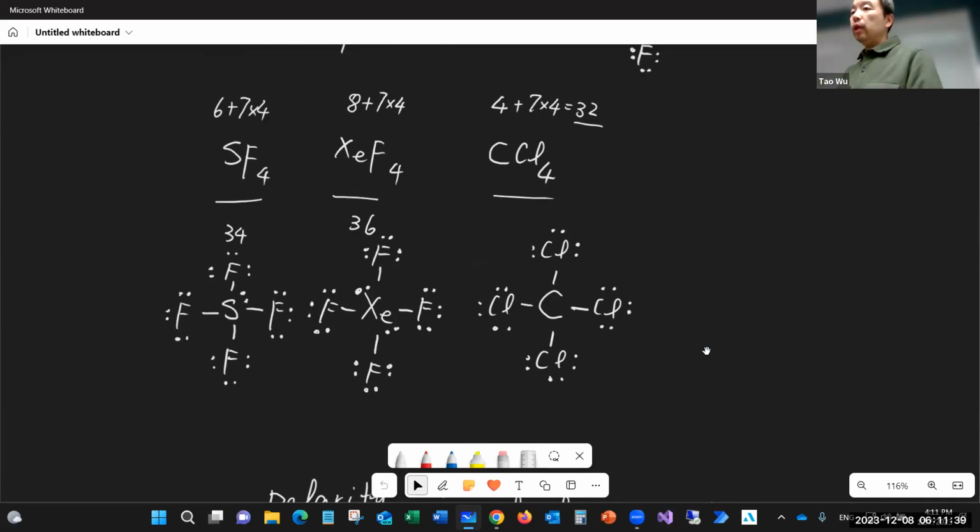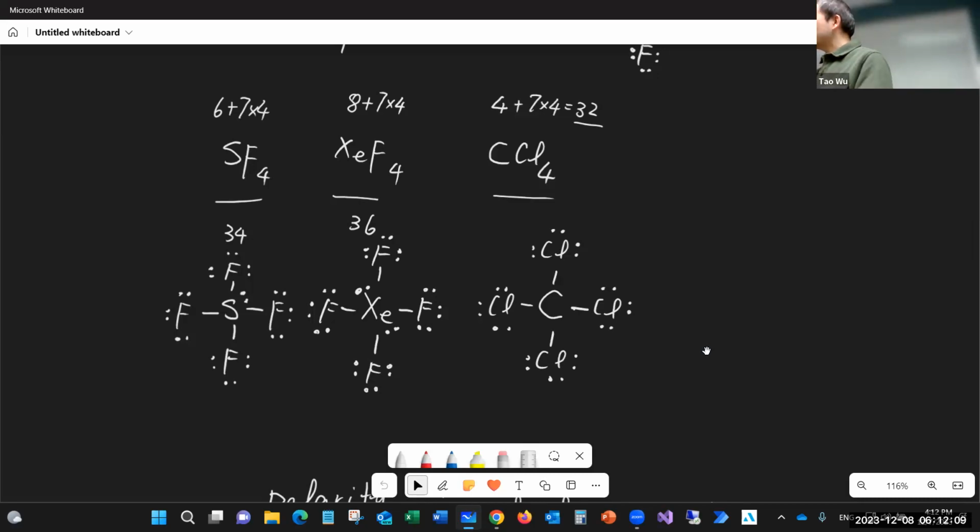You see, we have 3 of these molecules, and those all have 4 side atoms, but the geometry of those 3 molecules is completely different. So to determine the geometry, you can't just look at the side atoms. You need to draw the Lewis structure. That is the most important thing.